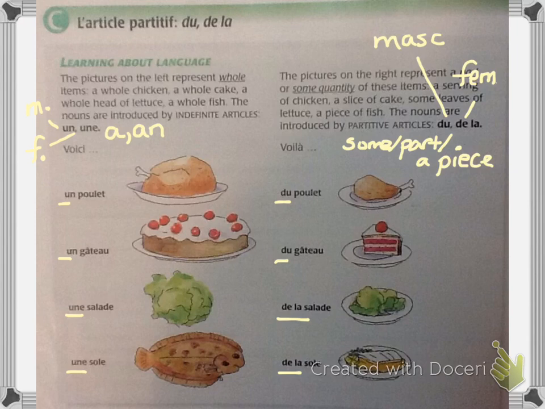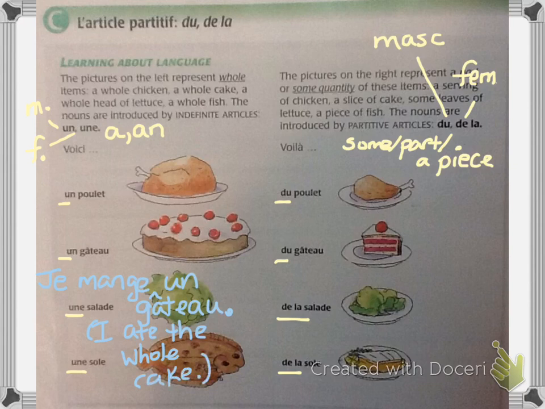So again, we want to be careful because if we say je mange un gâteau, that means I ate a cake, the whole cake. Now, maybe that's what you mean to say, because maybe you were being really picky. But if you don't mean to say that you ate the whole cake, then you have to say je mange du gâteau.